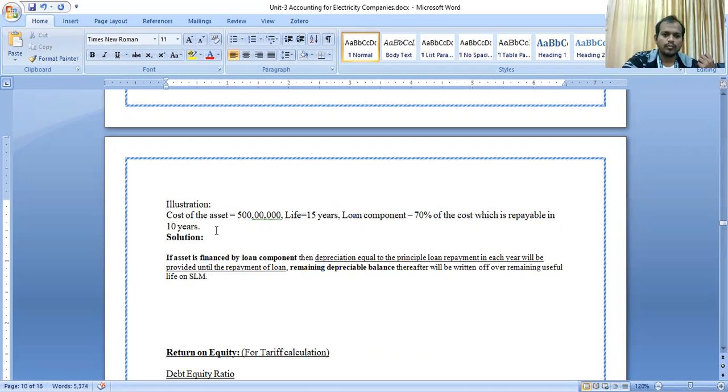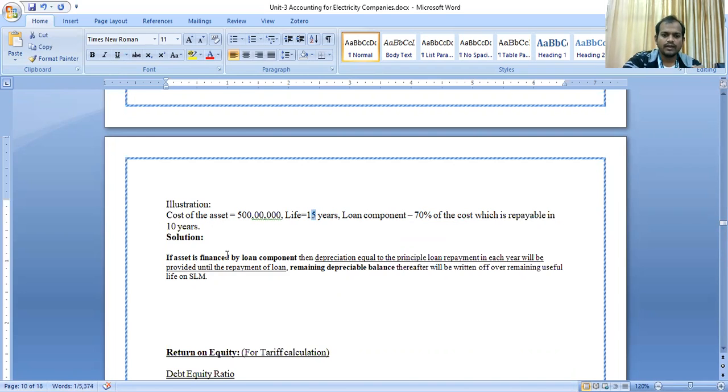Loan repayment should be within 10 years and the life of the asset is 15 years. So we have to clear this loan, 70% of the cost, within 10 years, and whatever is left over we have to clear in the remaining life.